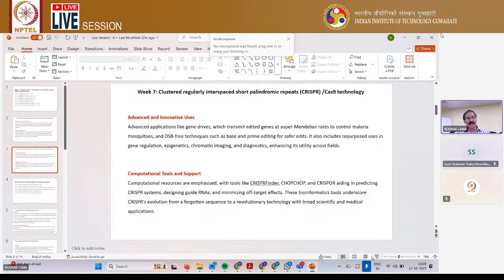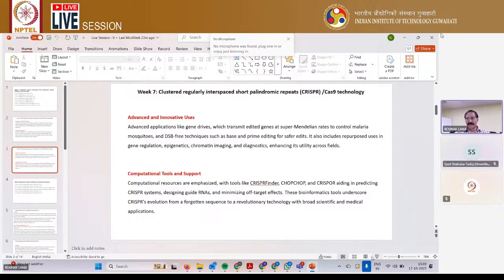Originally meant to edit the genome at the base level, it has now found all these varied advanced applications, whereby today we can control the upregulation and downregulation of various genes.